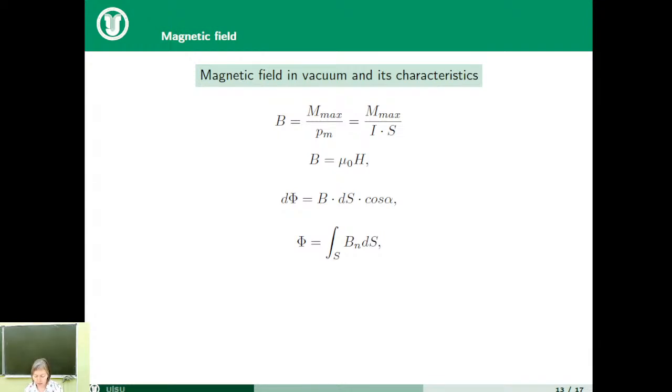In vacuum, vectors H and B are unidirectional and connected with each other by the ratio B equals mu 0 times H, where mu 0 is equal to 4 pi times 10 to the power of minus 7. It is the absolute magnetic permeability of vacuum. It's a magnetic constant.